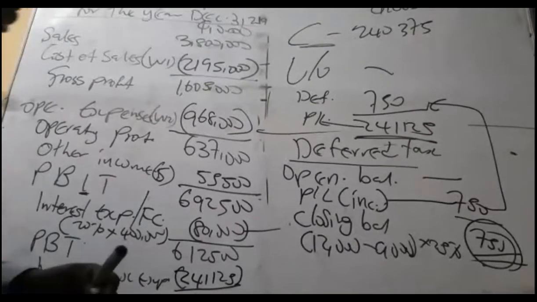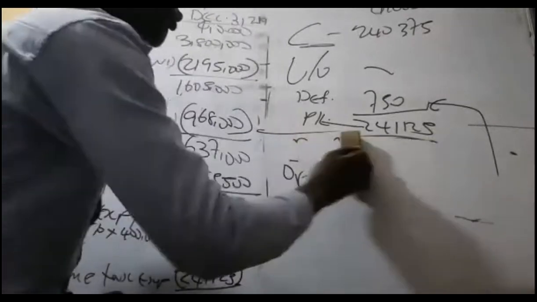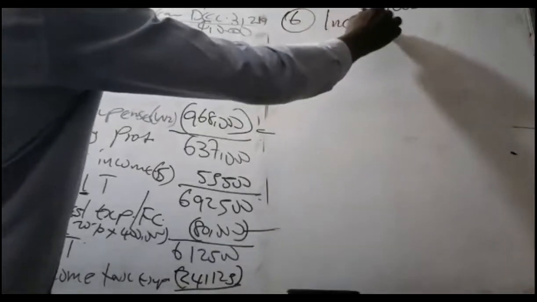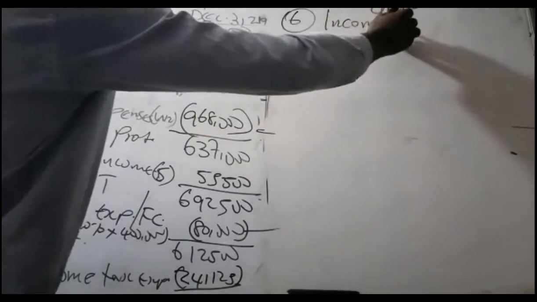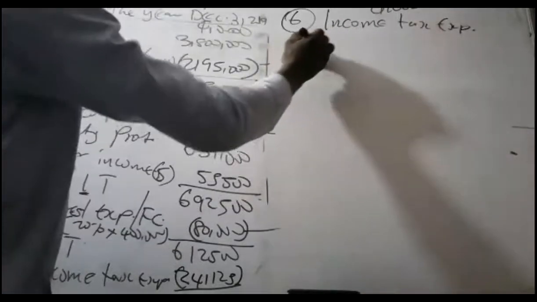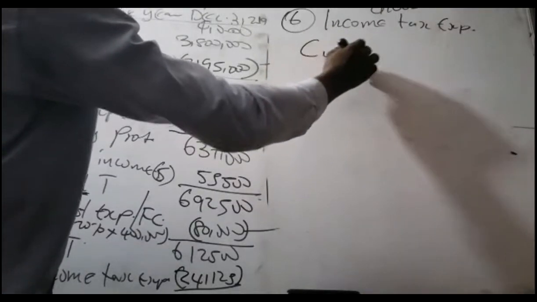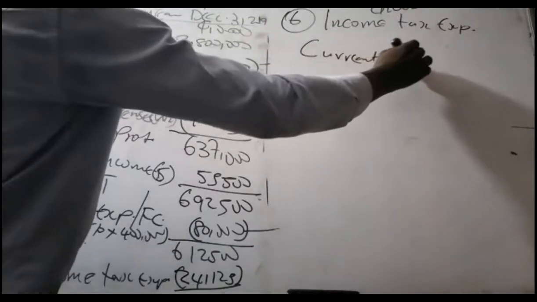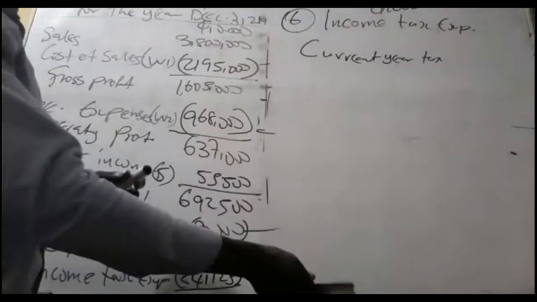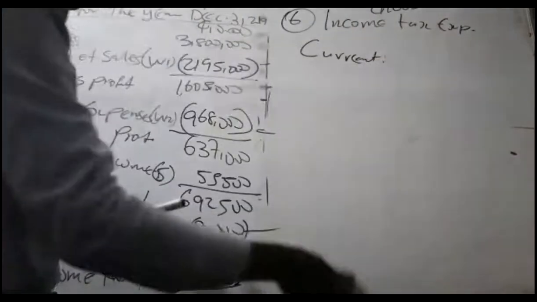So the total that we did here, the workings, maybe it was working 6, income tax expense. Let me do it over again. Income tax expense. We start with the current year tax. So the current year tax is what?